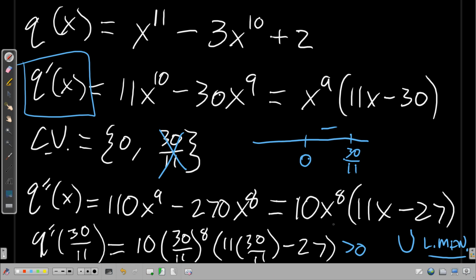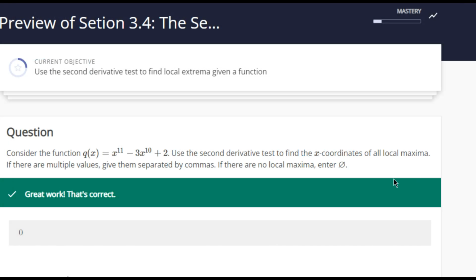So it's negative right there, and because this is an odd degree, it will alternate signs at each of those critical values. So then you have the function q increasing here and decreasing here, and it has a horizontal tangent line at 0. So then the answer is 0. 0 is the only place where you have a local maximum.